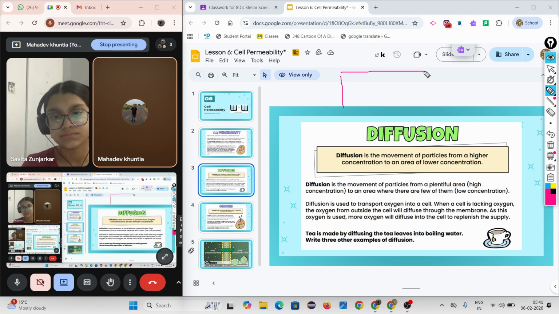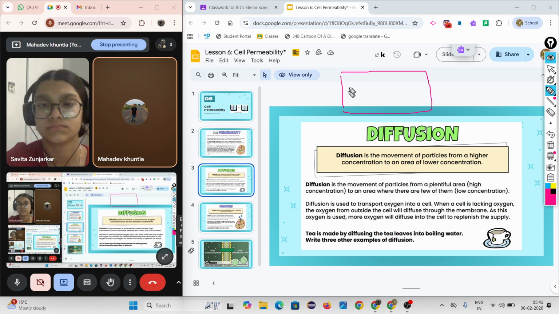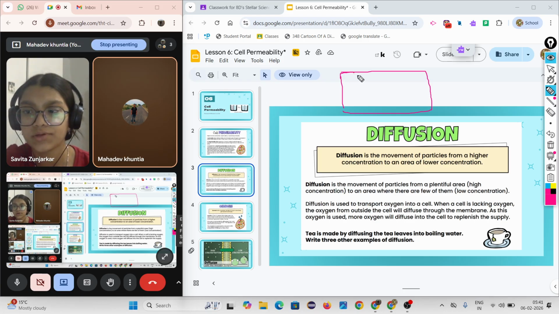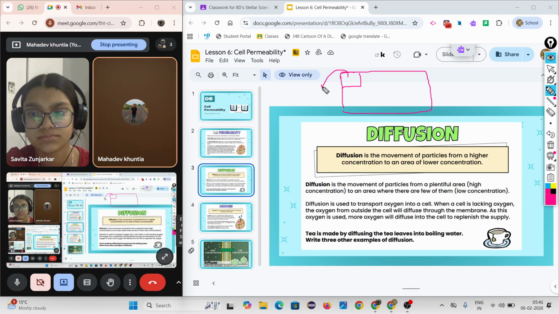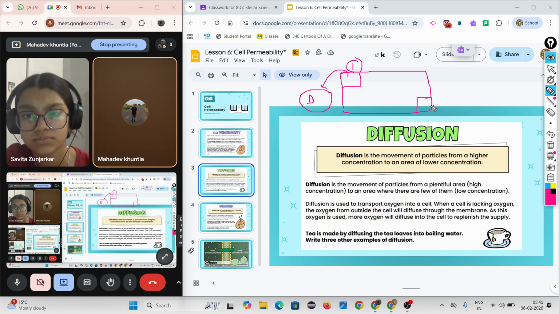Try to understand my example. This is your house, okay? In corner number one, your mother is making biryani for you. Do you eat biryani? You are sleeping in corner number four.